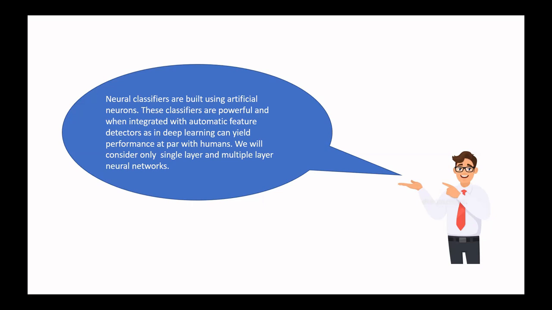So deep learning, which is currently very popular, is an extension of neural classifiers. In the case of neural classifiers that we will be discussing today, we will assume that you have a collection of training examples where each training example has a certain number of features and a class label associated with it. In the case of deep learning, the features are also learned by the network.